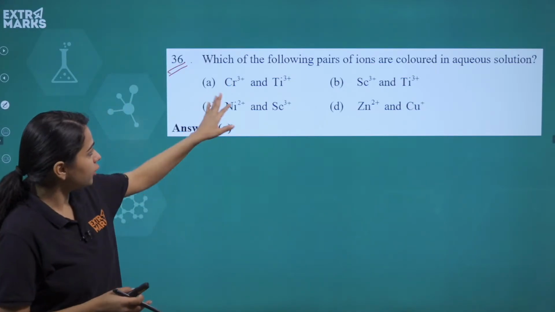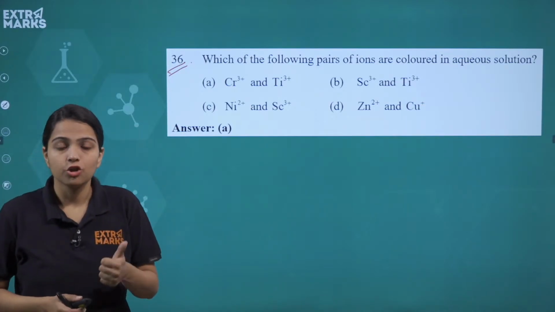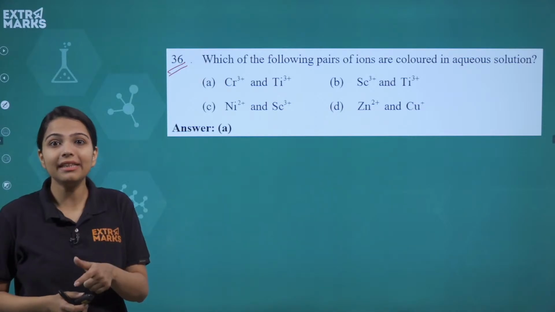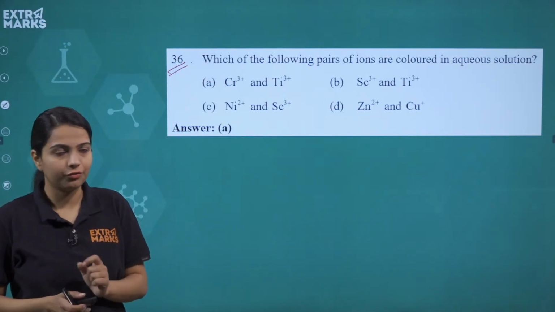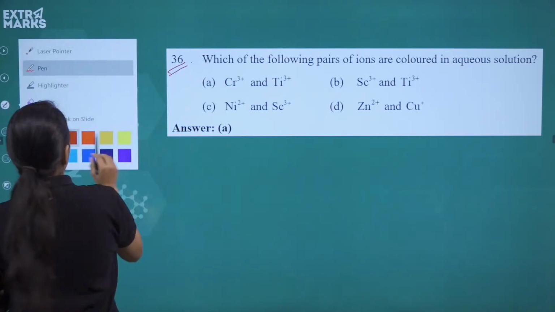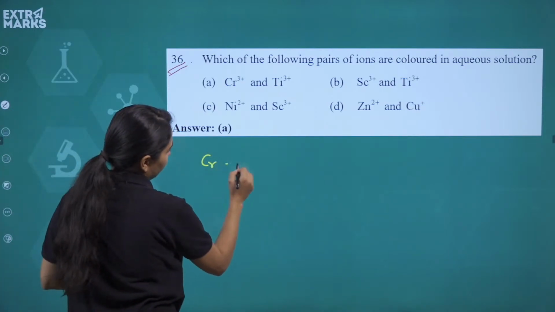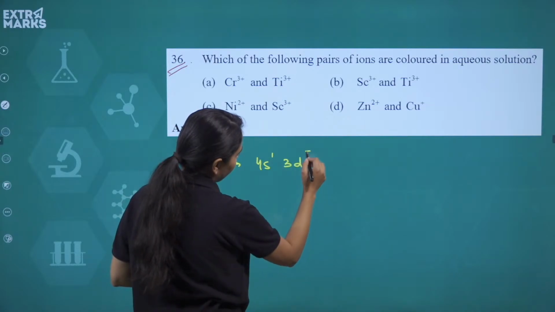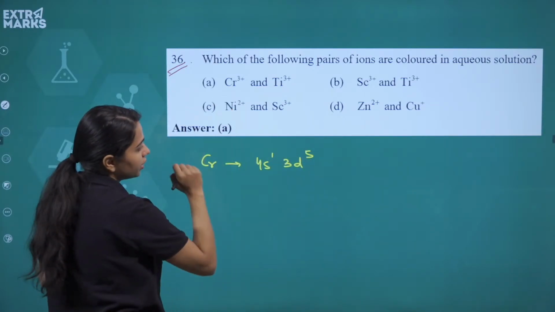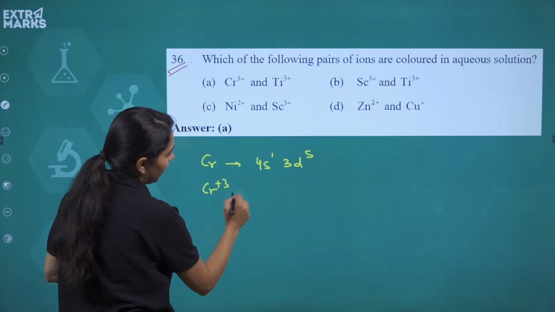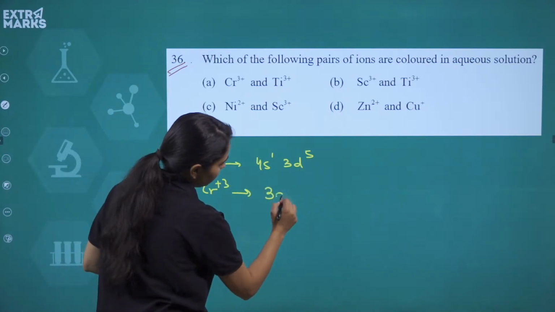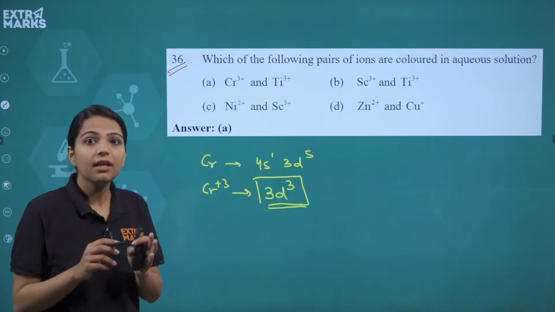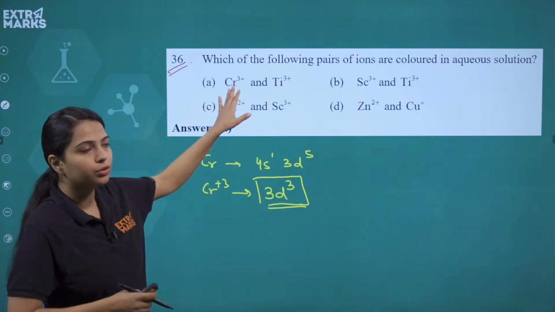Alright, so if I'll talk about chromium 3 positive, chromium in neutral state basically has 4s1 3d5 electronic configuration. In +3 oxidation state, this will have 3d3 electronic configuration, and this is stable. So all these 3 are unpaired, so these are going to be colored in nature.